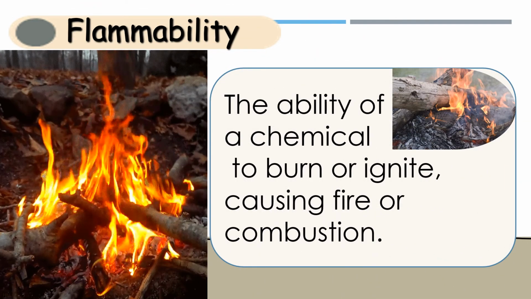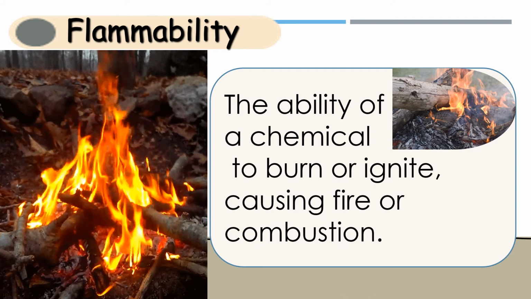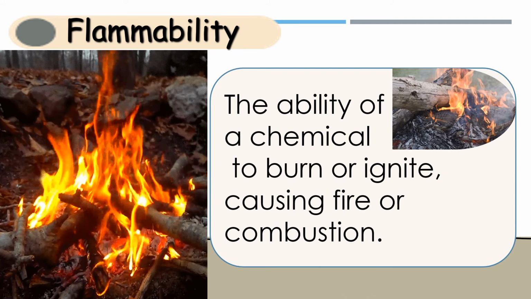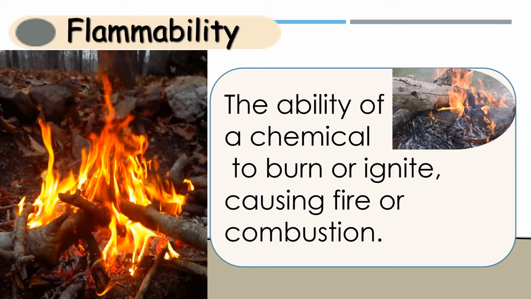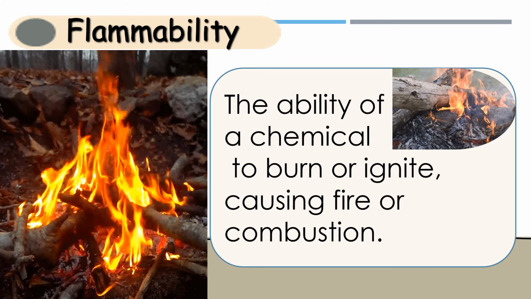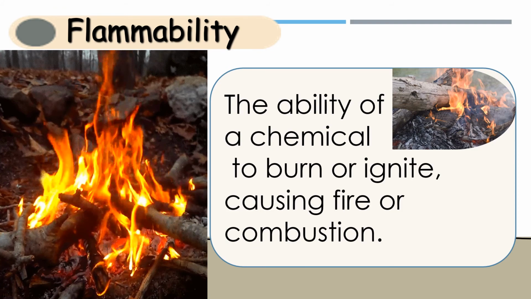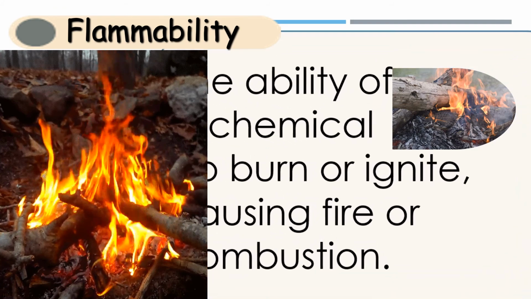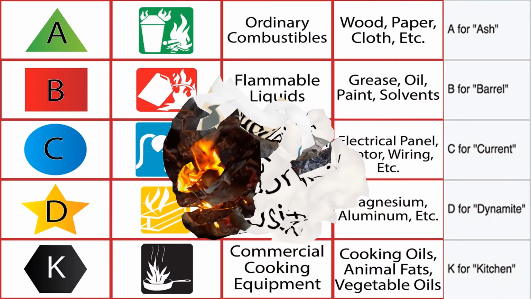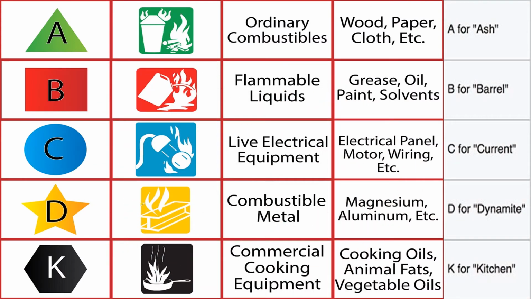Alright, next is flammability. How easily something will burn or ignite is a chemical property. The ability of a chemical to burn or ignite, causing fire or combustion. Fire testing is done to determine how difficult or easy it will be to get a certain material to burn.